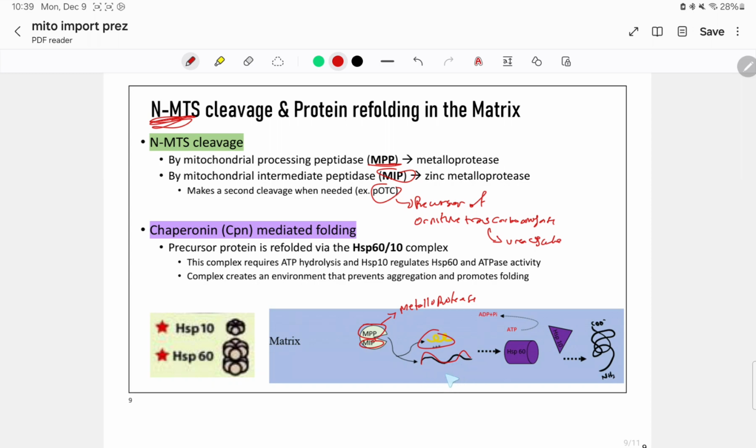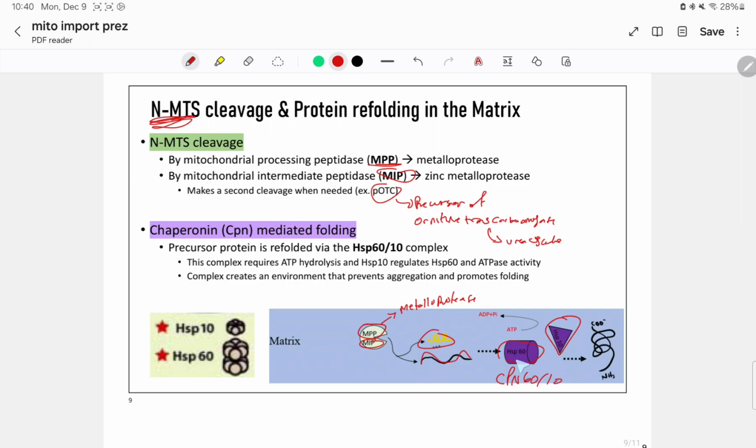Sometimes this protein can become refolded in and of itself. Other times, and the majority of the times, it actually needs to go through a folding machinery, which consists of HSP60 and HSP10. Sometimes you might also see them called CPN60/CPN10. Okay, but this process requires ATP.